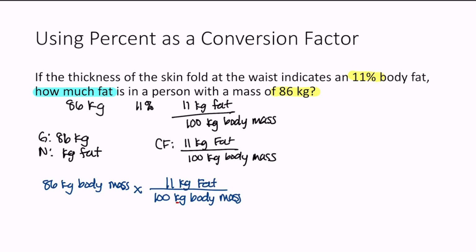Notice my kilograms of body mass cancel out, and I'm left with kilograms of fat, which is good because that is what my need is. I can multiply everything across the top and then divide it by everything across the bottom, and that gives me 9.46 kilograms of fat.